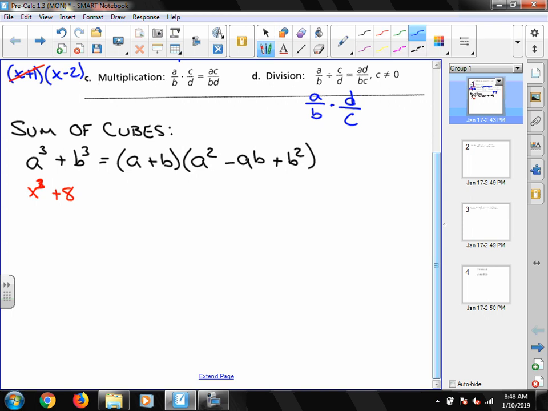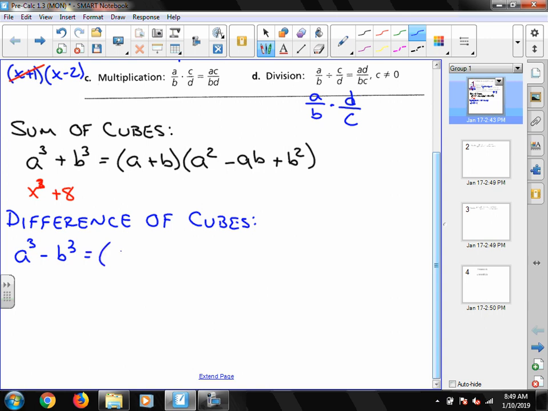The difference of cubes works very similar. So you're going to have a cubed minus b cubed. So very similar setup. As long as something is cubed, it can always be factored.